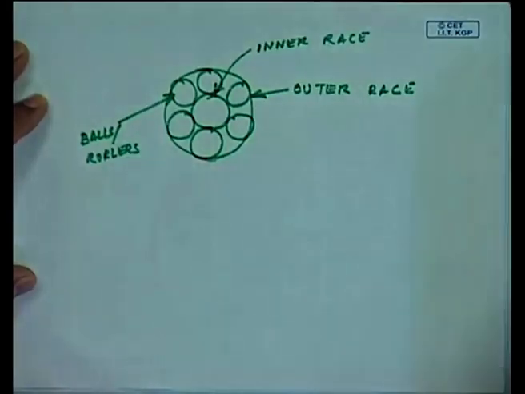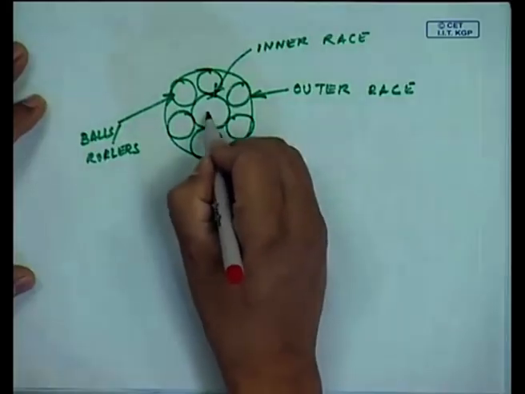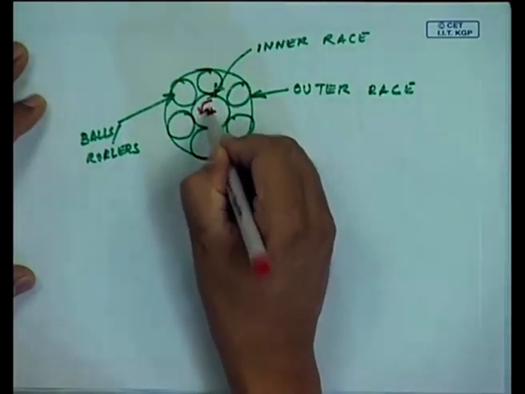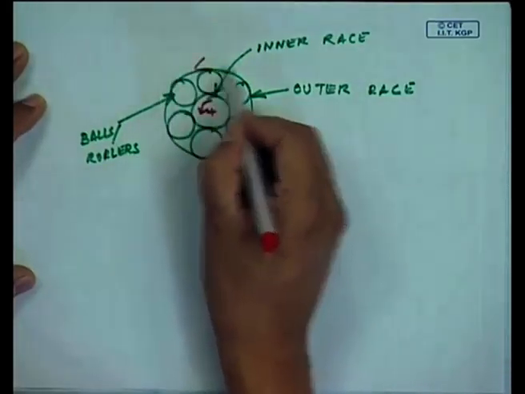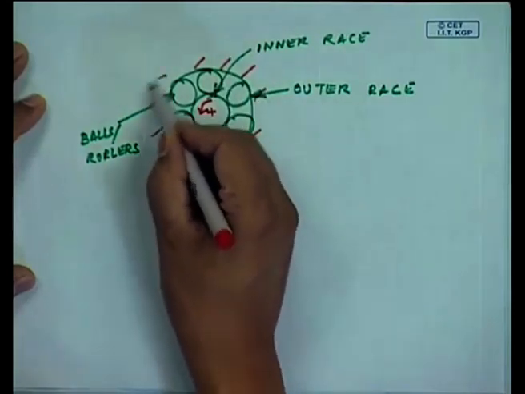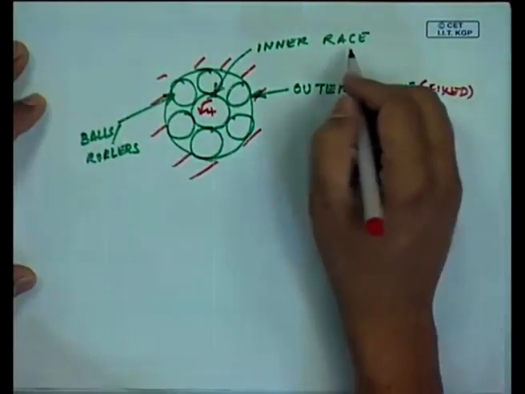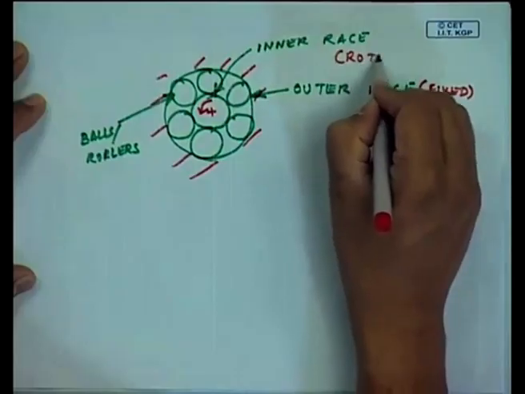Okay. Now, there are possible scenarios. This is rotating, and this is usually fixed. The outer race is fixed in our case, and this is rotating.